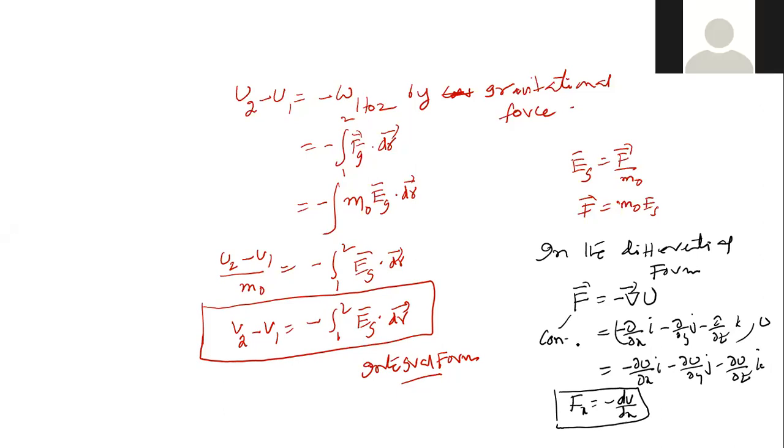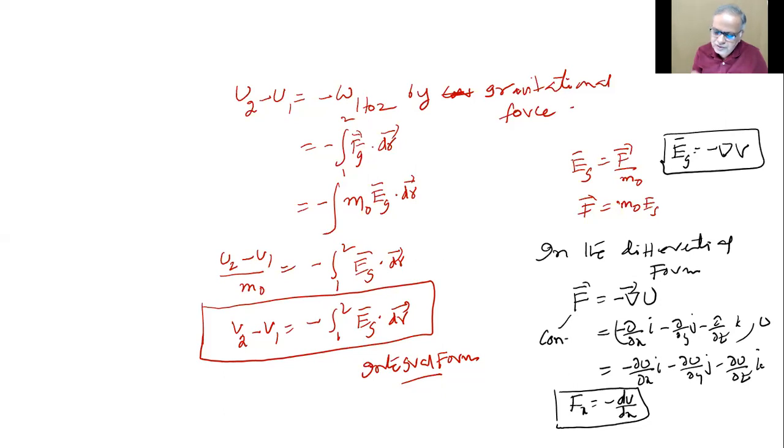So F by m naught, U by m naught, I'll get Eg is equal to minus del V. This is the differential form of electric and gravitational potential. Del is once again a vector operator.